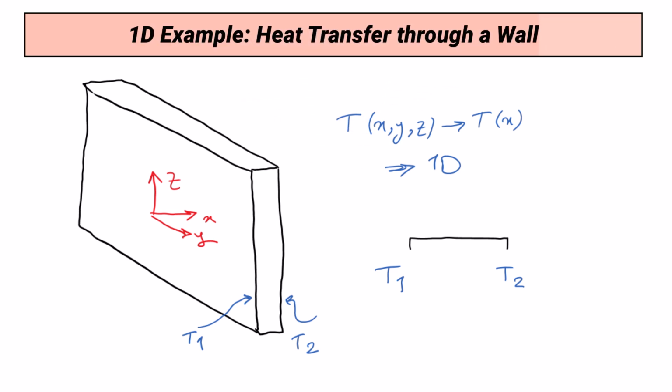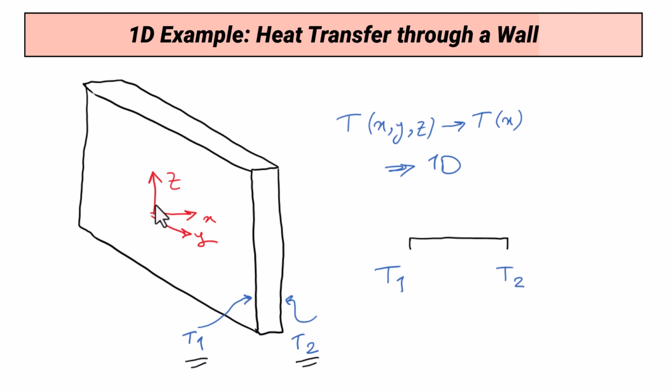The first example is heat transfer through a wall. Imagine a wall made of different materials. The left side has a temperature T1 and the right side has a temperature T2. Here is a quick sketch of this wall. I have added the Cartesian coordinates also here. The temperature T only varies along the x-axis, not y, not z.